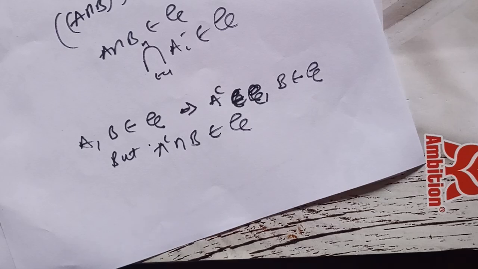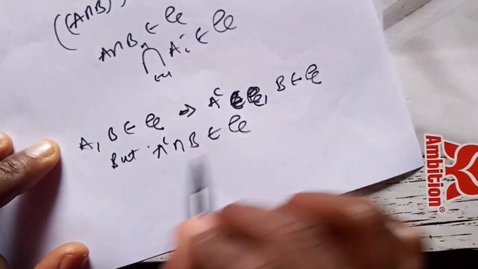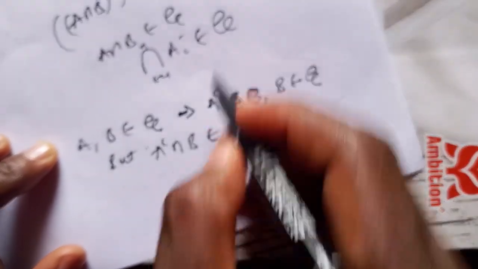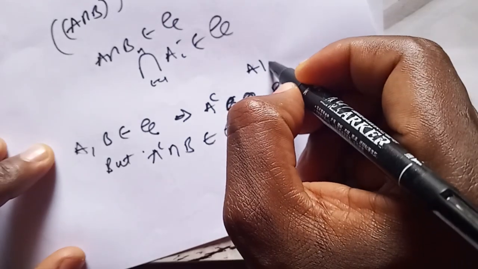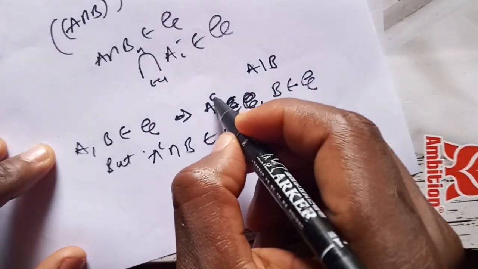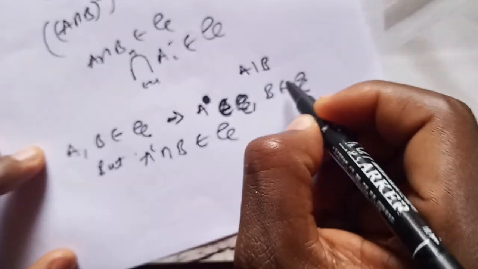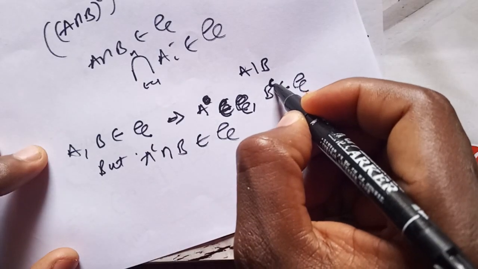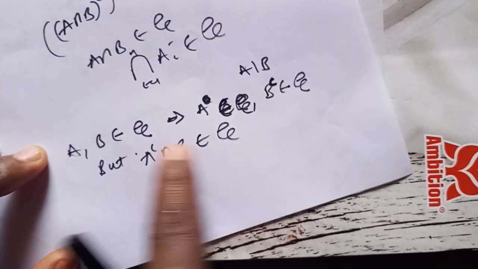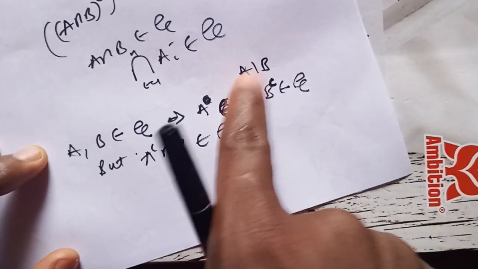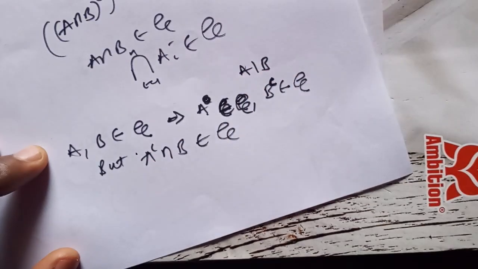Oh, sorry. Let me do it this way. This is actually true, but I want to arrive at A difference B. So let me put this to be B complement. This is also actually true, but I just want to arrive at A difference B. Sorry for this.